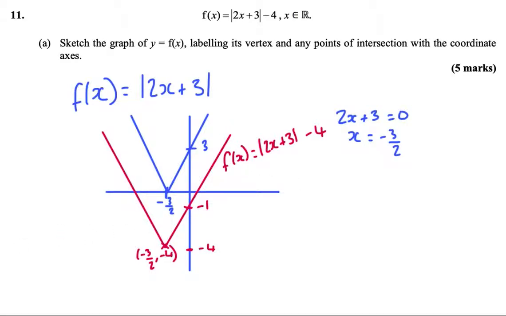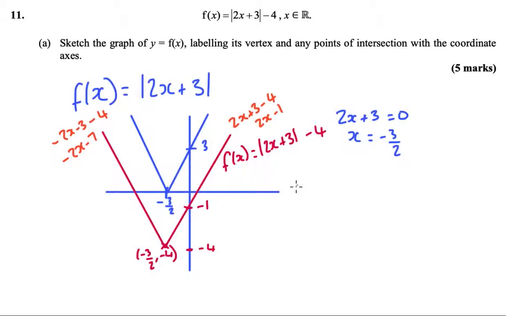The name of this line is regular 2x plus 3 take 4, or 2x take 1. It's got a gradient of 2 and it has a y-intercept of 1. This line is the negative line, so minus 2x minus 3 if the mod sign wasn't there, and then it got shifted down 4, so that's minus 2x minus 7.